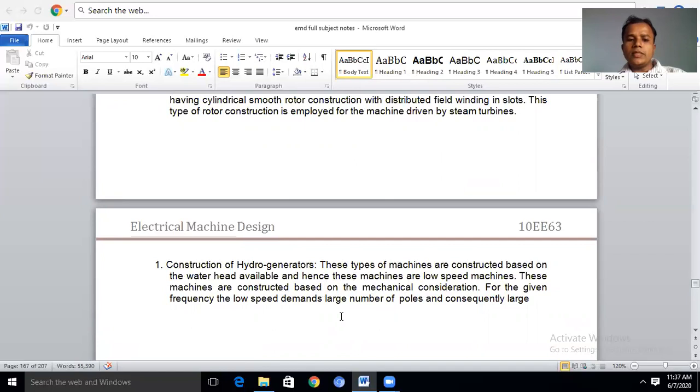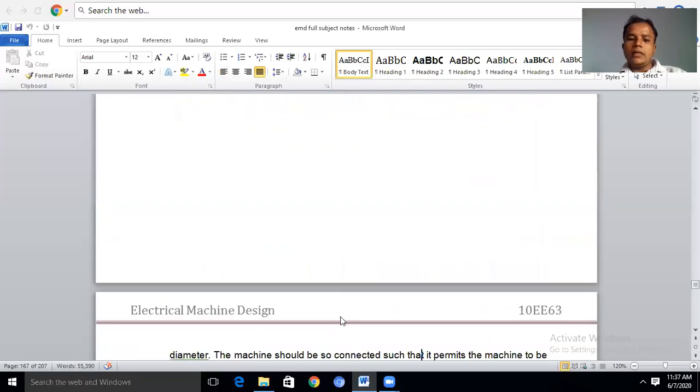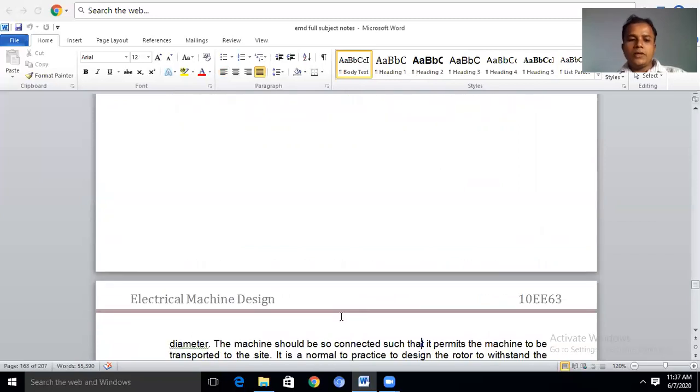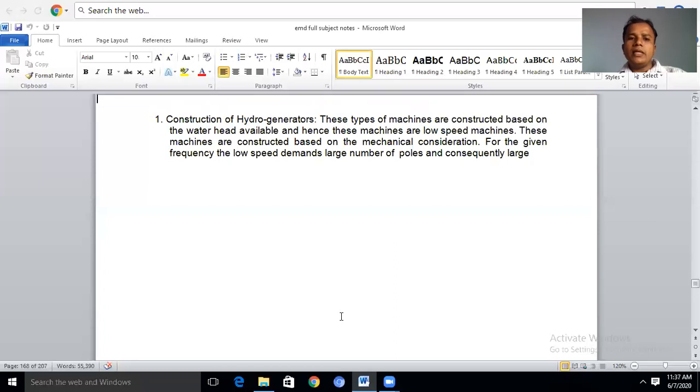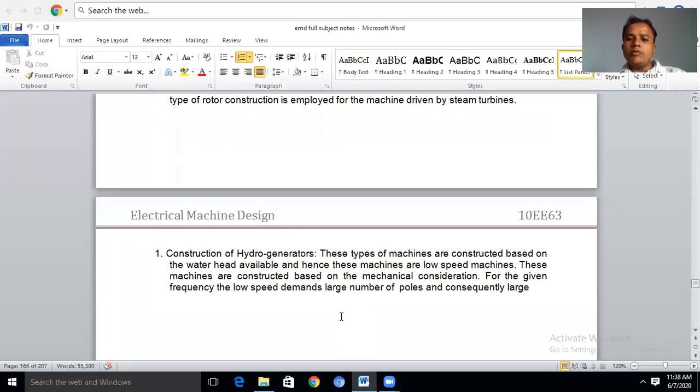For the given frequency, the low speed demands a large number of poles and consequently a larger diameter. Please keep in mind that in the hydro generator, the speed of the machine is low.